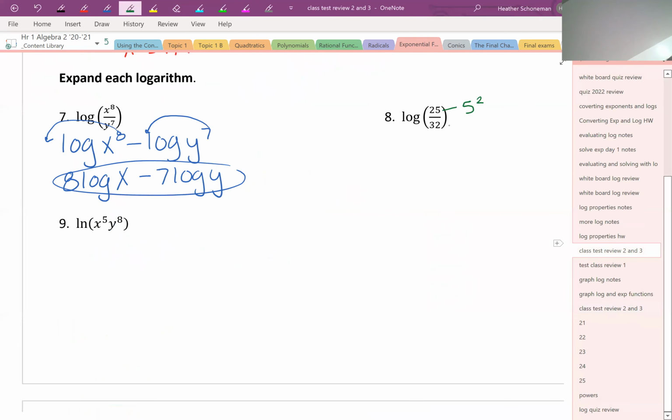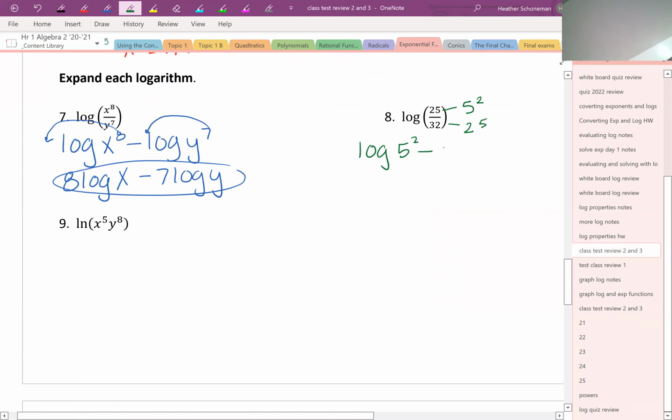My bad. So I can rewrite this as 2 to the 5th. So when I rewrite it, I'm going to have log 5 squared minus, because whatever's on top goes first, whatever on the bottom goes second, log 2 to the 5th. And then I'm going to move my exponents to log 5 minus 5 log 2.